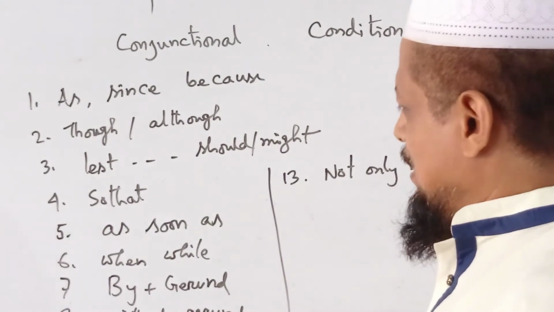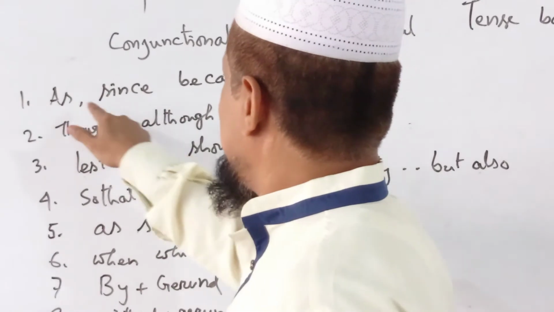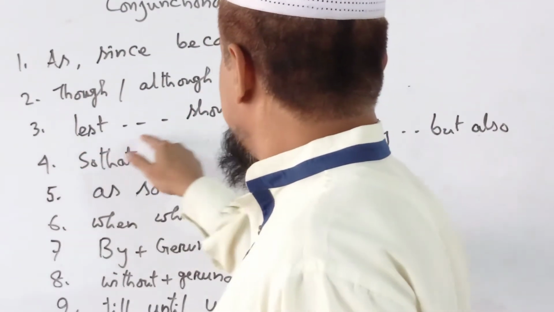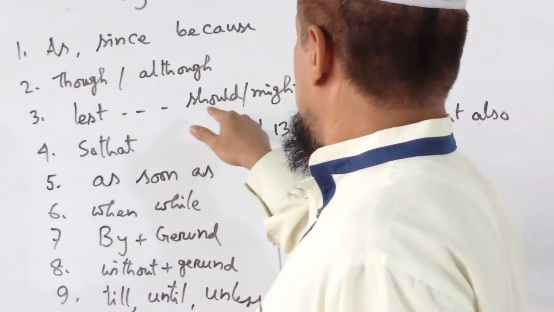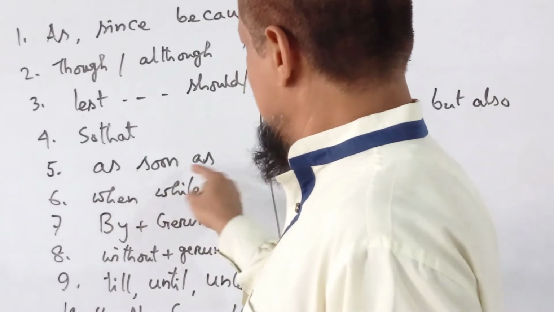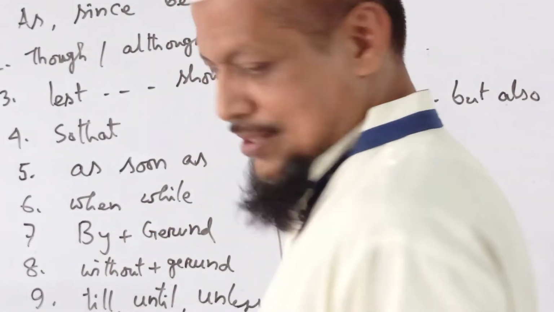There are varieties of conjunctions here, such as number 1, as, since, because. Number 2, though, although. Number 3, lest, should, might. Number 4, so that. Number 5, as soon as. Number 6, when, why.